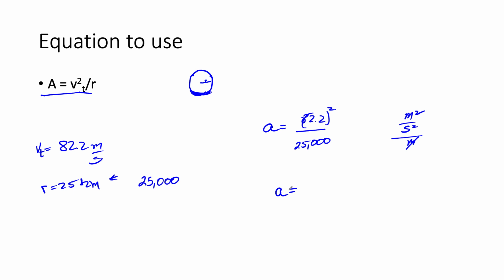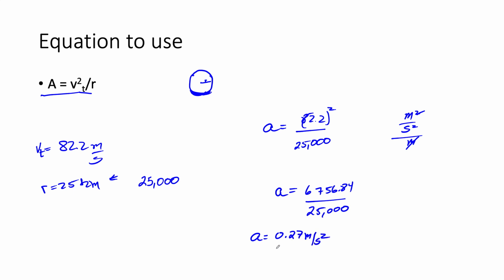So that gives me 6,756.84 divided by 25,000. So the acceleration is going to be 0.27 meters per second squared.